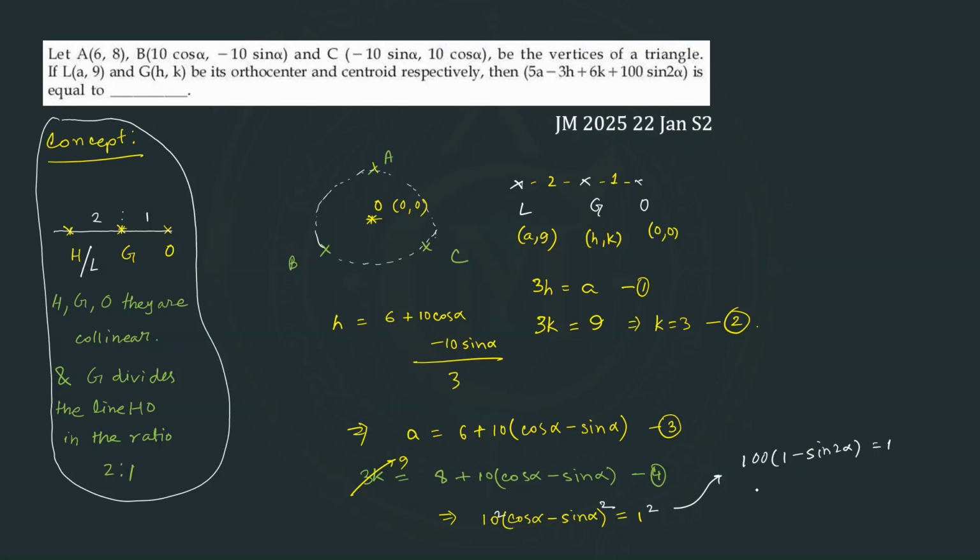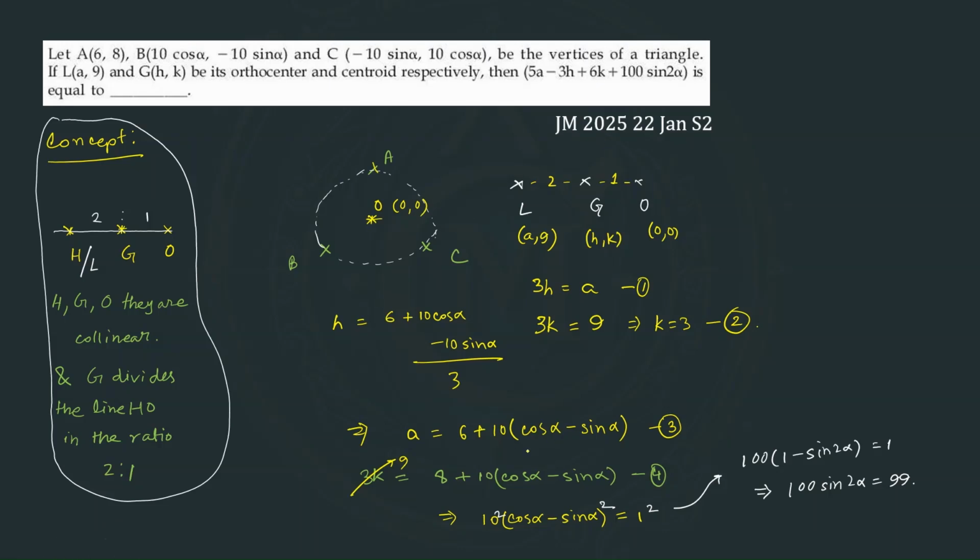If we simplify, we get 100 sin 2 alpha equal to 99. So now we got the value of 100 sin 2 alpha directly, which we can substitute. Let us keep this aside and determine the remaining coordinates.